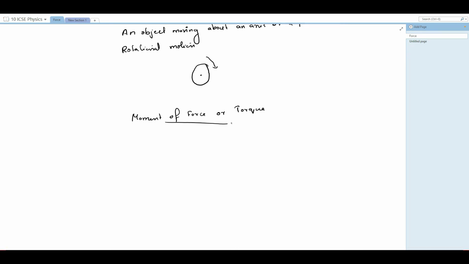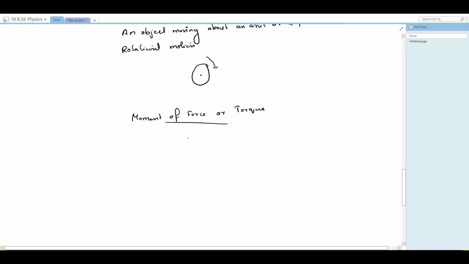For instance, take the example of opening a door. When you open a door, you are applying a force perpendicular to it. But what actually happens is it brings a rotational tendency. The door is rotating because it has a pivot, hinges at one end of the door. That is the reason it rotates.